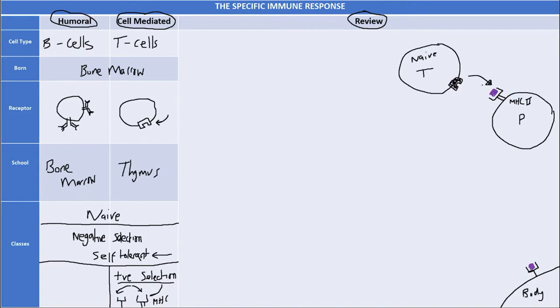Now let's just take a second there, because what we've just said is that T cells have to bind with MHC. So this is where it comes in. The naive T cell binds with the MHC2 on a phagocyte. Remember, this is part of the non-specific system. I'm going to run out of space, but never mind, you get the idea. So when that happens, the magic happens.